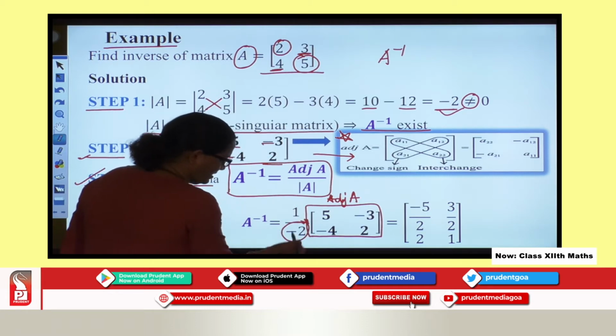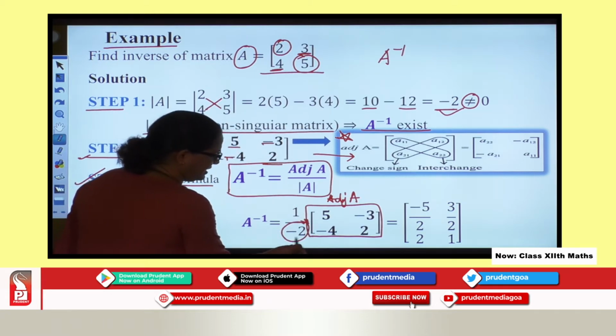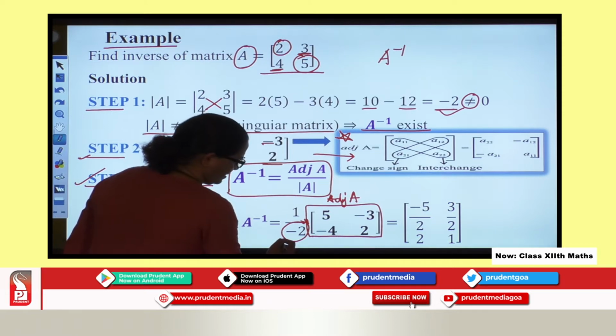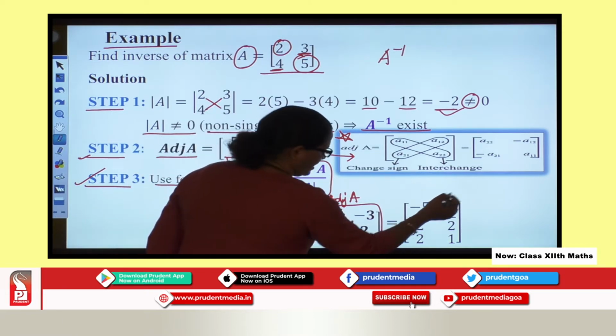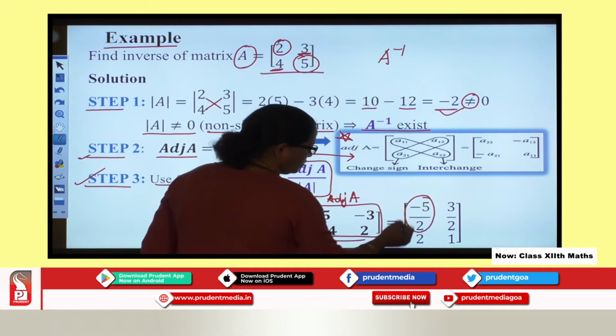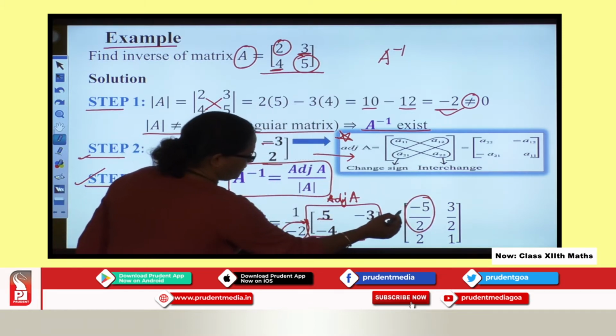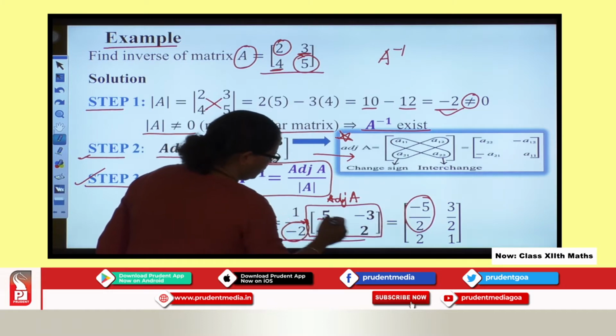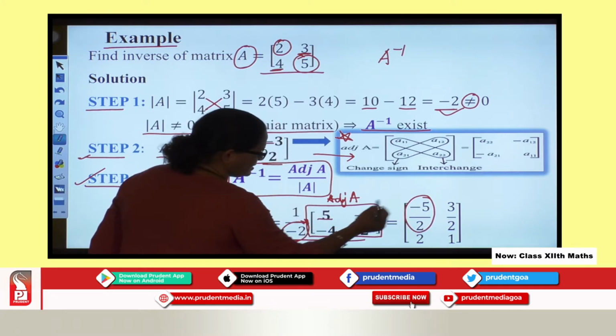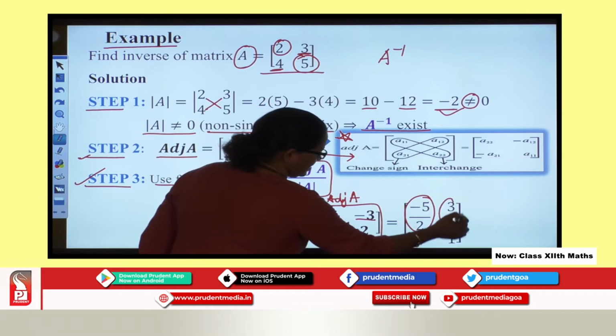I can leave this 1 by minus 2 as it is and give the answer like this. Or I can multiply this minus 1 by 2 inside. Minus 1 by 2 into 5, I get minus 5 by 2. In the same way, this will go to this and I get 3 by 2.